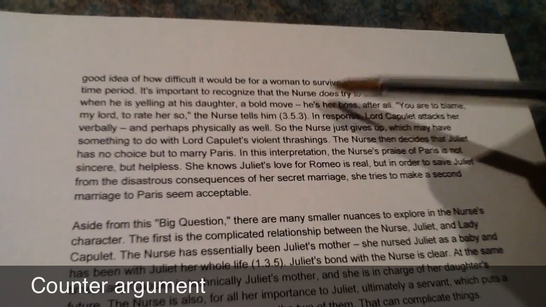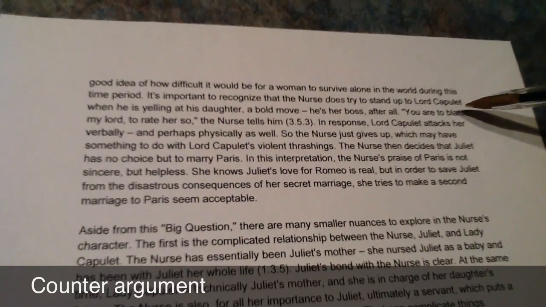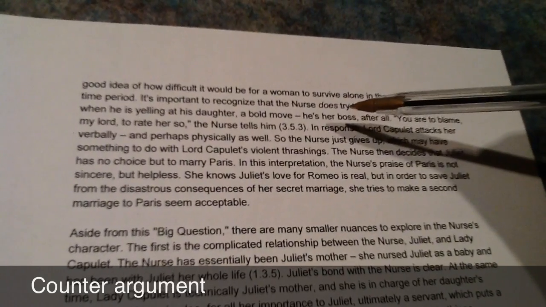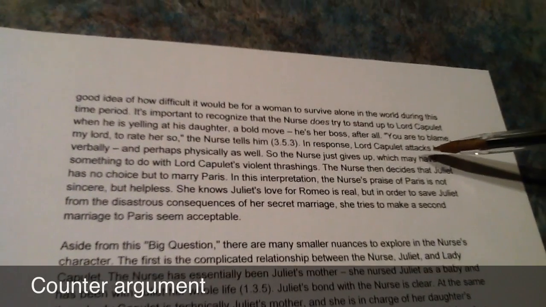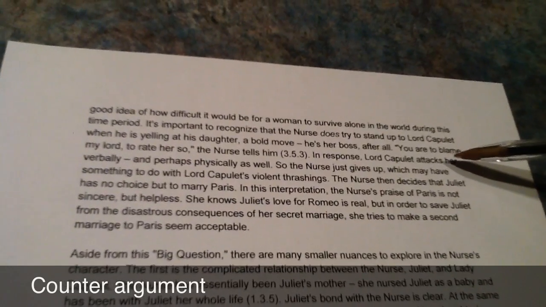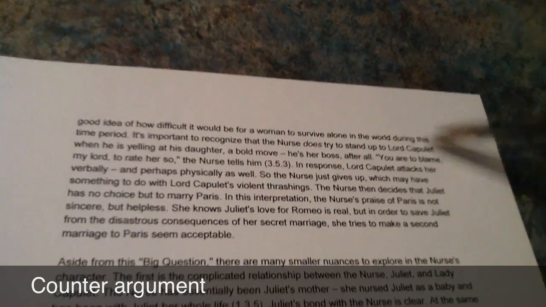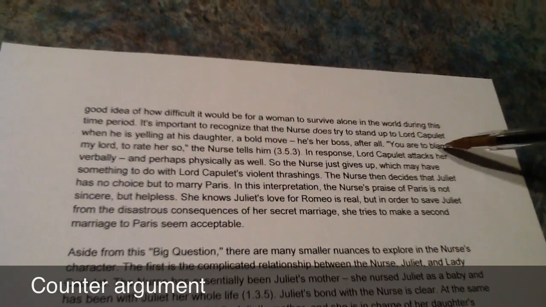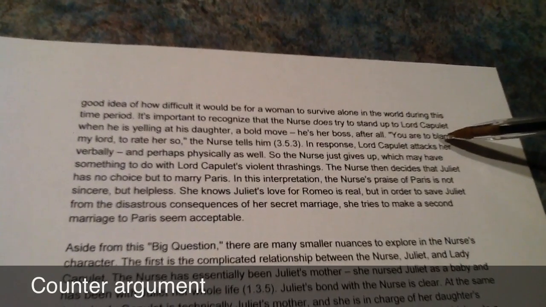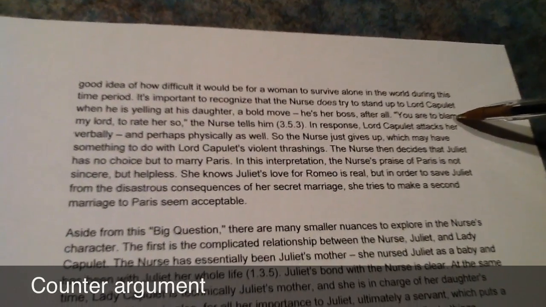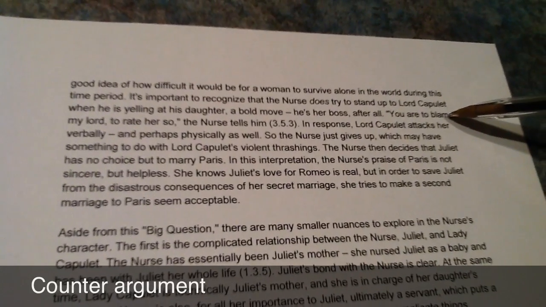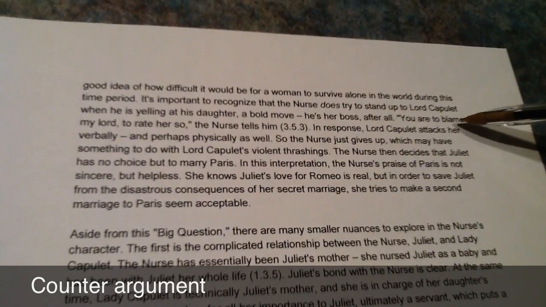And then he says it's important to note the nurse does stand up to Lord Capulet when he's yelling at his daughter, and this is a bold move because she could herself also be kicked out of the Capulet household. "You are to blame, my lord, to rate her so." And this is a very bold set of words to use in someone who's essentially a servant.